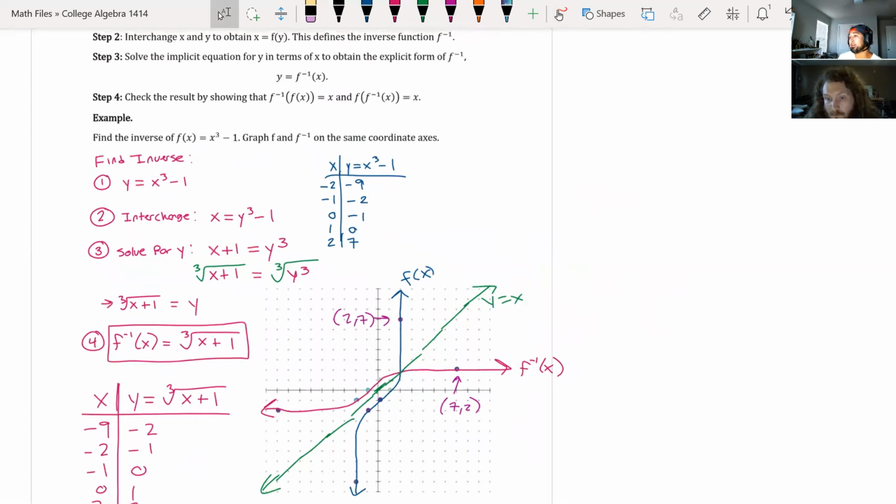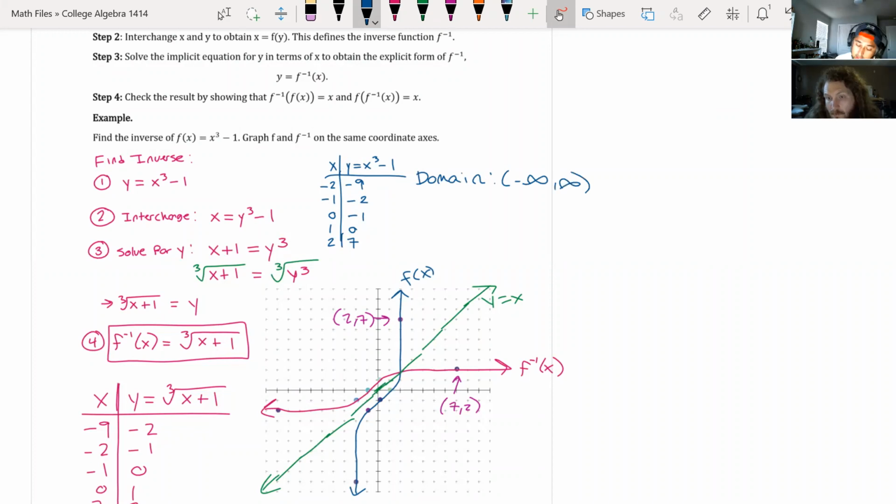And in this case, if we want a domain and range, I might as well just write it down for an example. Let's look at x cubed minus 1. X cubed minus 1 is a polynomial. What is the domain of all polynomials? All real numbers.